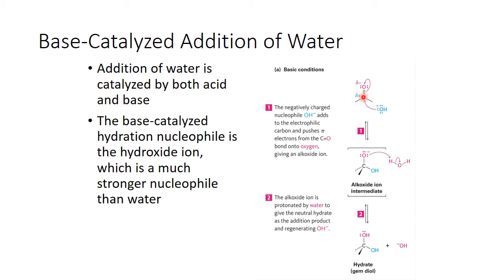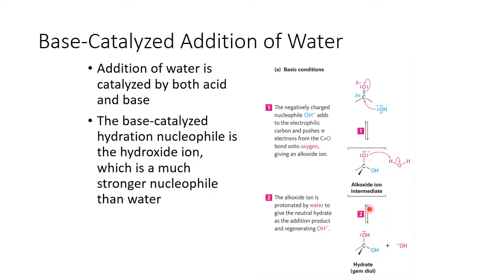This is nucleophilic addition to the carbonyl because that carbon has a large delta positive on it. When the hydroxide adds, the electrons in the pi bond jump onto the oxygen, giving a negative charge on that oxygen, and now you have an alcohol group here. This negatively charged oxygen is then protonated by water, and we end up getting a hydrate.